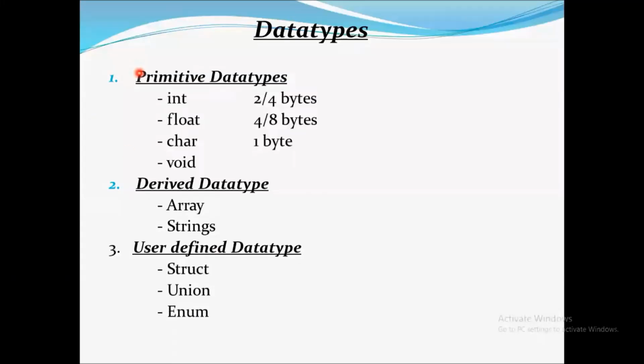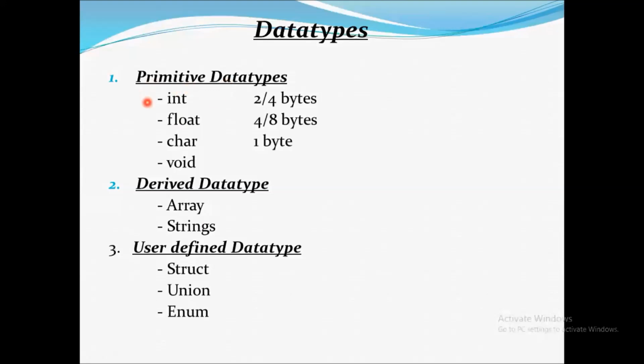Briefly, the data types are divided into 3 categories. Those are primitive data types, derived data types, and user-defined data types. Primitive data types are also called built-in data types. They are provided by the C compiler.